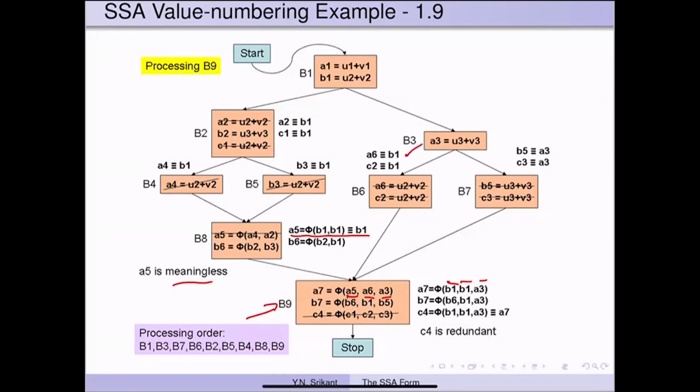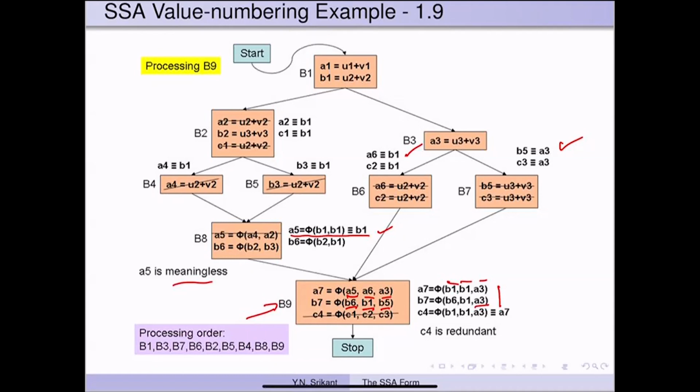Then B6 remains as it is. B1 remains as it is. But B5 is equivalent to A3. That we have done here. So these two were simplified a little bit with the copy propagation and all that.